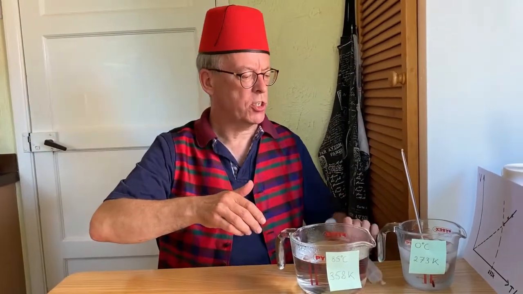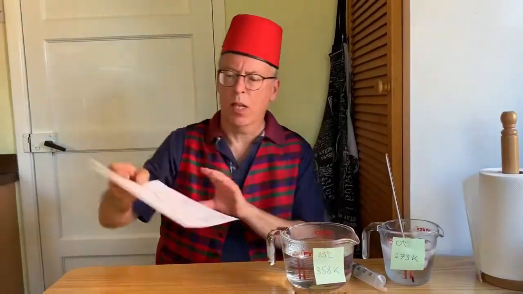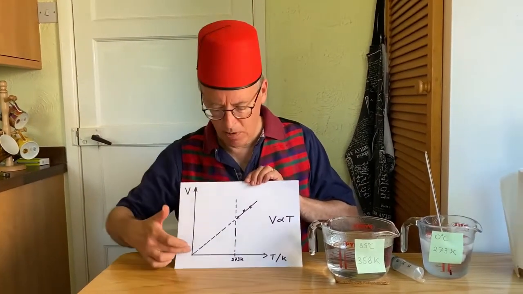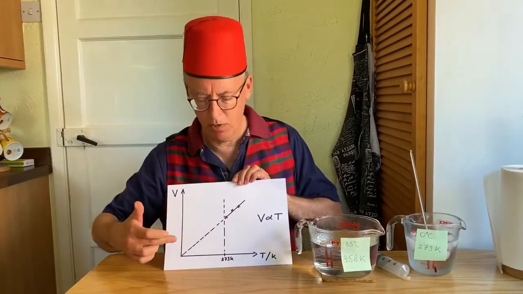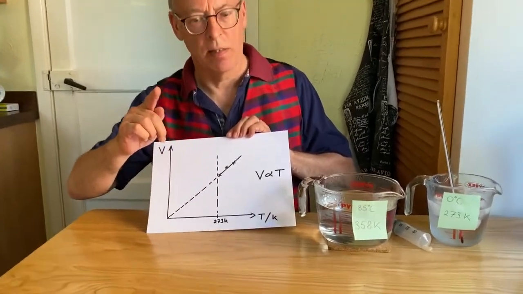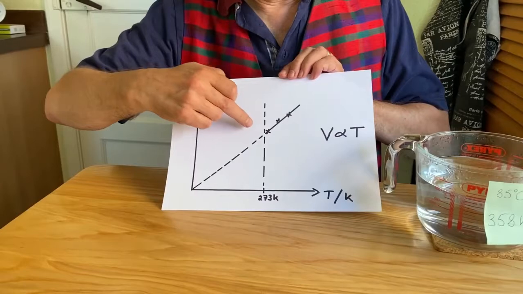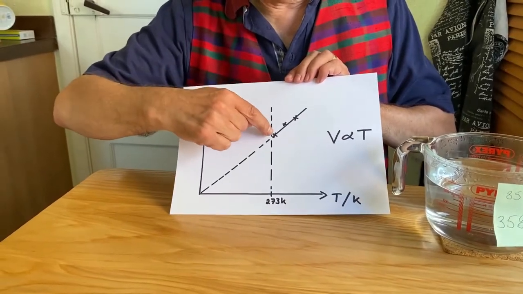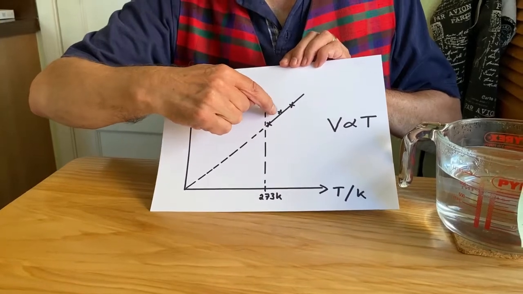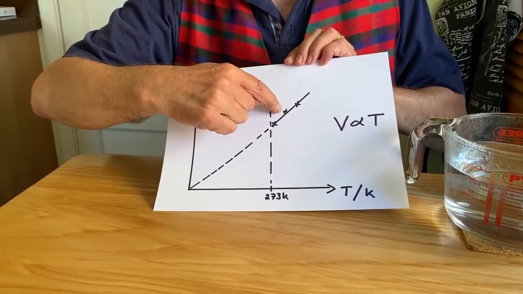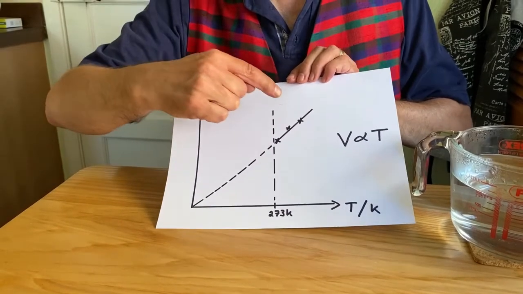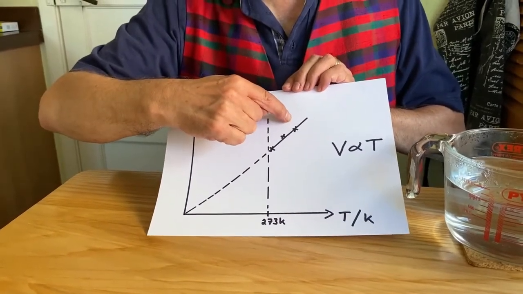So, what does Charles' law say? Charles' law says that the volume is directly proportional to the absolute temperature. Now, you can do this in your college or at school, and I can get 3 points. One at about 0 degrees centigrade, one at room temperature, perhaps 25 degrees centigrade on a good day, and 85 degrees centigrade.